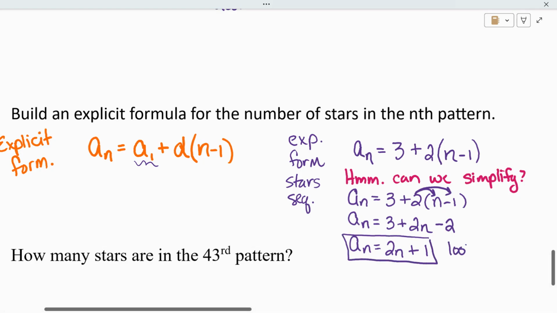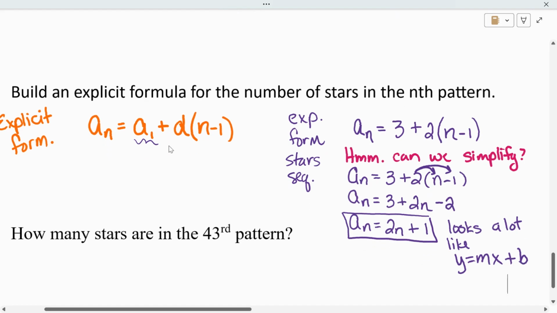This looks a lot like y equals mx plus b. Doesn't it? A sub n is a function, right? Just like f of x.